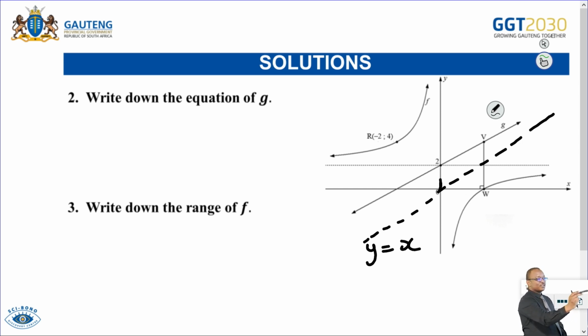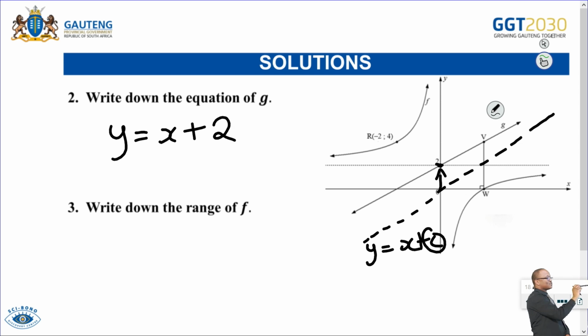We moved this graph 2 units upward. It means now we increased the value of c, which is going to be 2. y is equal to x plus 2. That's how you write down the equation of G.